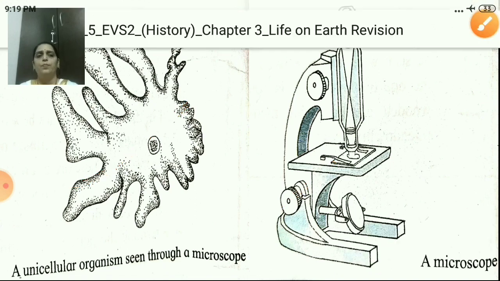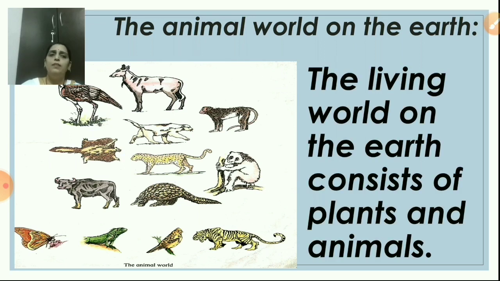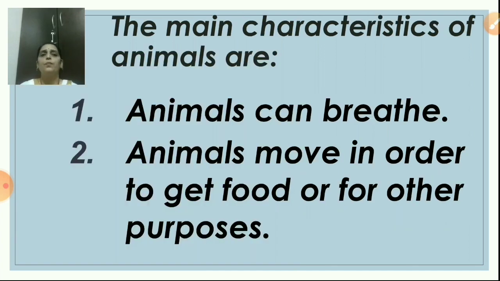Now the next, the animal world on the earth. So you can see many varieties of animals in this picture. The living world on the earth consists of plants and animals. The main characteristics of animals are: first, animals can breathe.